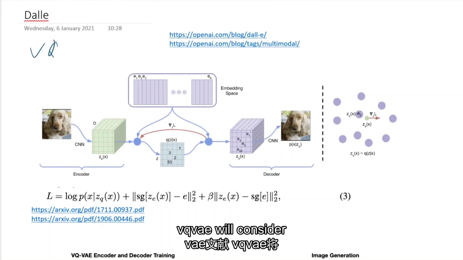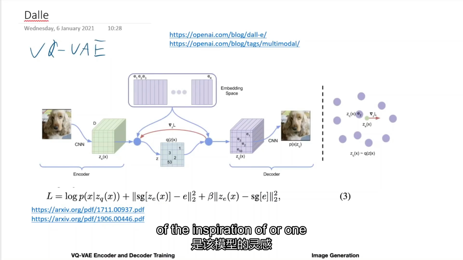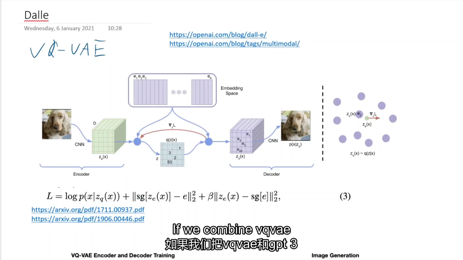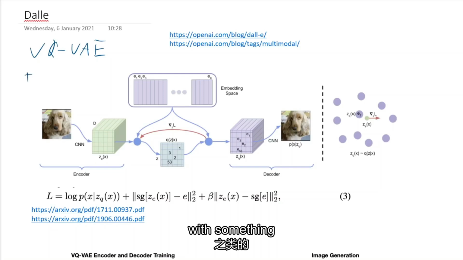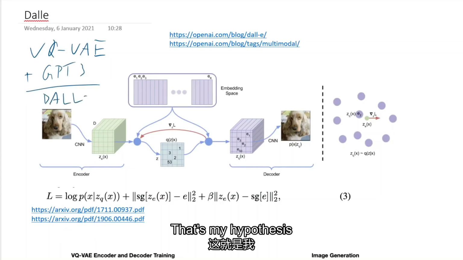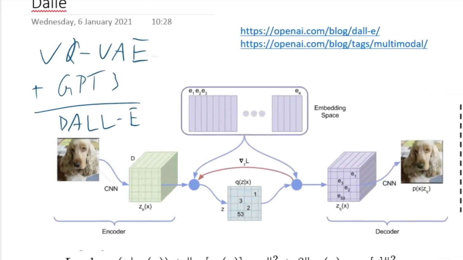We'll consider this to be one of the necessary ingredients of this model. So if we combine VQ-VAE with something like GPT-3, we get DALL-E. That's my hypothesis for today.